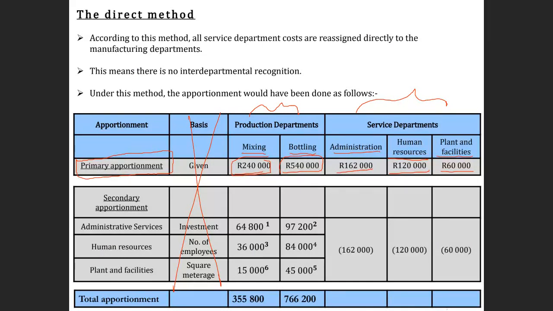This will always be provided to you, the primary apportionment. You only calculate the secondary apportionment, which we're going to look at now. So the total cost or the total apportionment at the bottom, I'd like you to please write down somewhere.